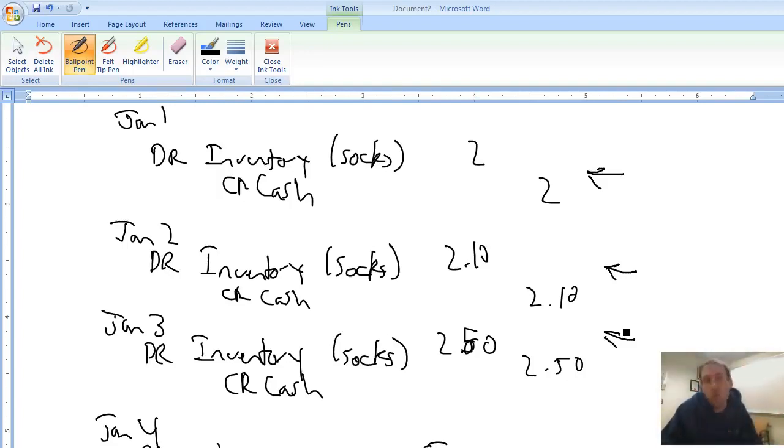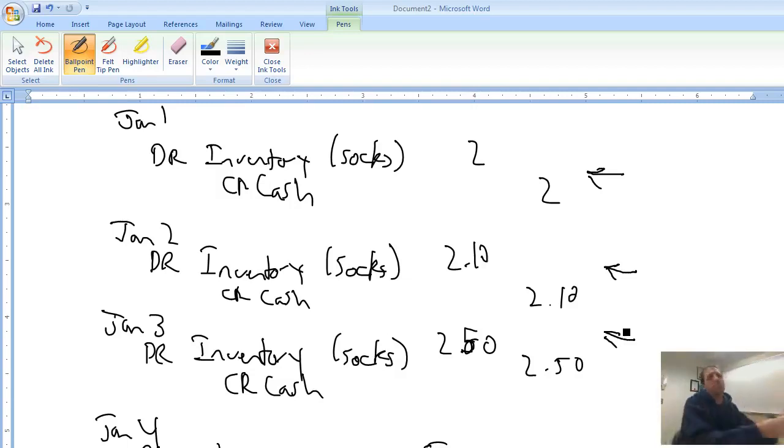Now, specific unit identification is really used for companies that trade on unique products or companies that trade in big ticket items. So if I run an antique store and I have 3 antique tables, I'm not going to say, oh, let's take the average of the antique tables. No. I'm going to say which specific antique table sold. Same thing if I own a car dealership, like a Mercedes-Benz dealership.